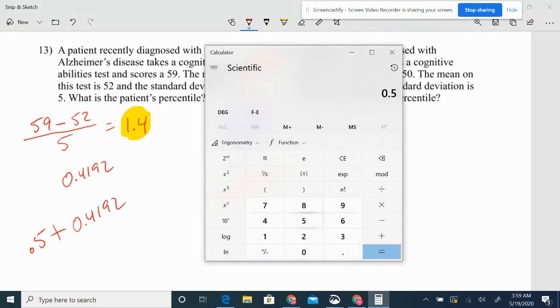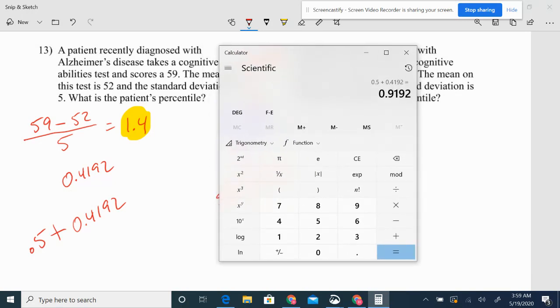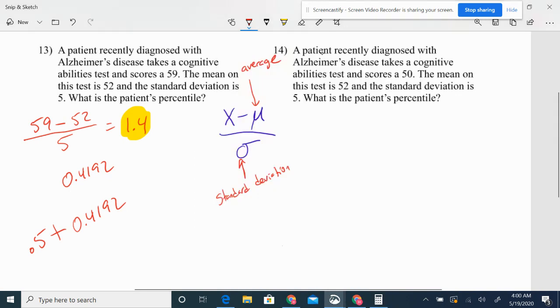So let's see, 0.5 plus 0.4192. Now here I'm asking for the patient's percentile. That's percent. My decimal, 0.9192, my answer. I'm going to round it. I'm going to move my decimal 2 places to the right. So my percentile will be 91.92%.